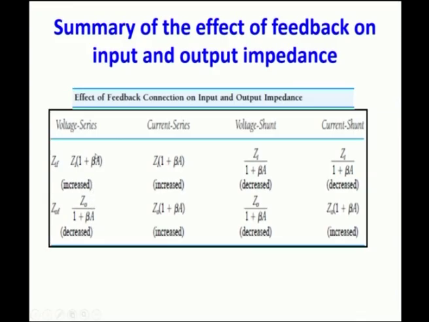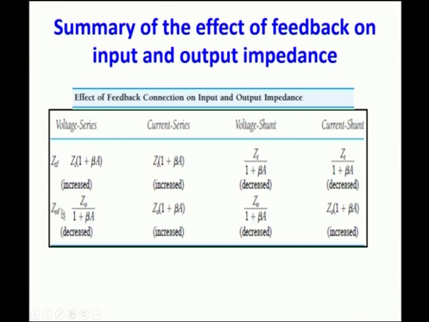So, this is the summary part for all the input and output impedances. If you look at the summary, if it is a voltage series or a current series, the input impedance is increased because it is series feedback. If you have a shunt feedback, the input impedance is reduced.